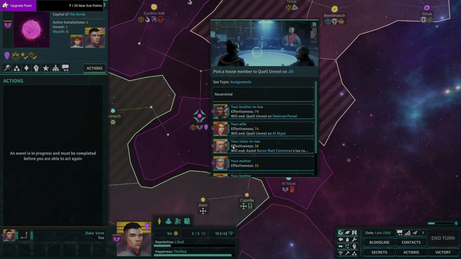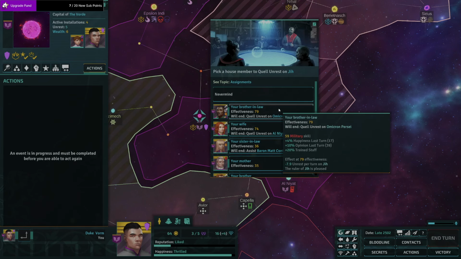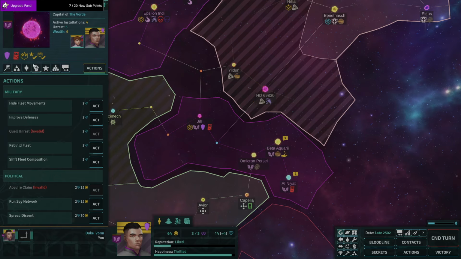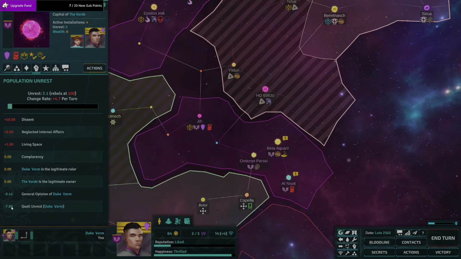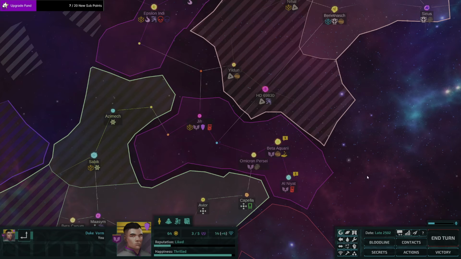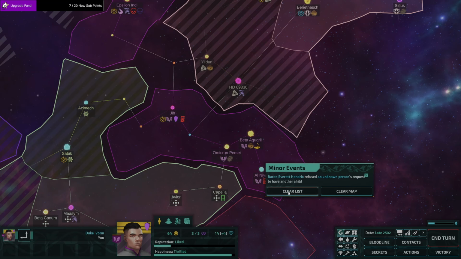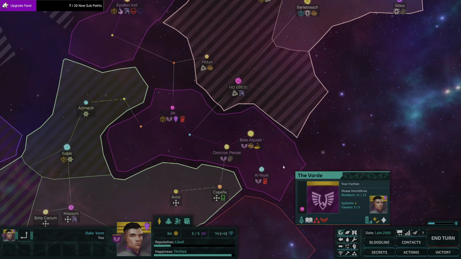Actions. Quell unrest. I want my most effective person quelling unrest locally. Counter that, please. Well, as much as you can. We're still going to gain 5 per turn, so we've got a whopping 13 that we're trying to count against. Be nice when that bleeds off. Clear list. Refuse the request to have another child. Uh-oh, that's never good.